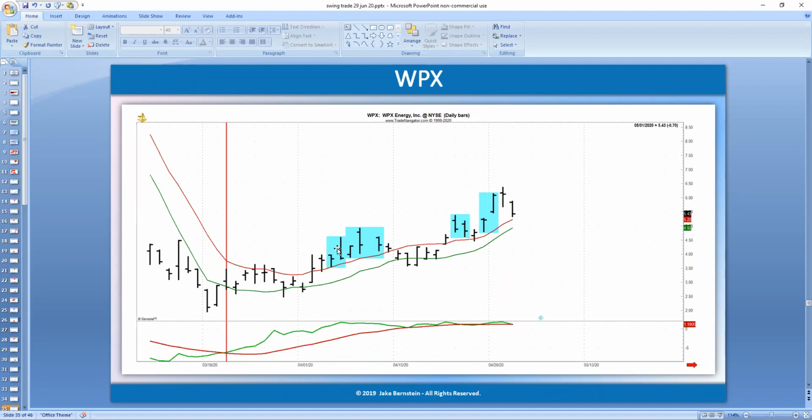Now, one more thing. Is it possible that we get 2 bars above the top of the channel before the lower indicator turns? It is possible, but not very frequent. So again, the buy setup, the buy trigger, the opportunity.